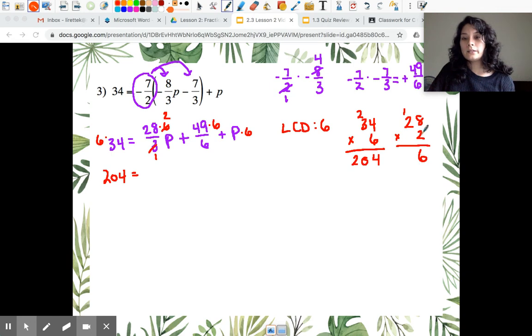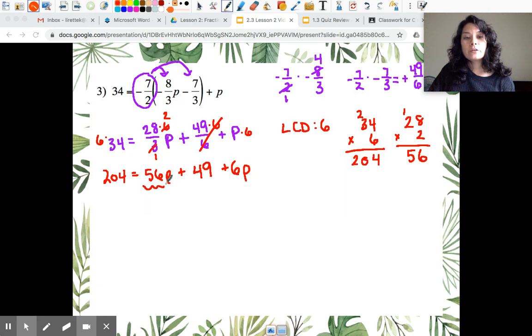Carry the 1. 2 times 2 is 4, plus 1 more is 5. So I get 56p plus these 6's completely cross-cancel, leaving me with 49. 6 times p just gives me 6p. And even though the numbers are a little bit bigger, this is at least a little bit easier for me to work with than all these fractions up here.